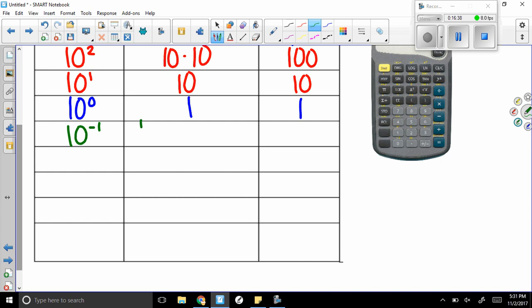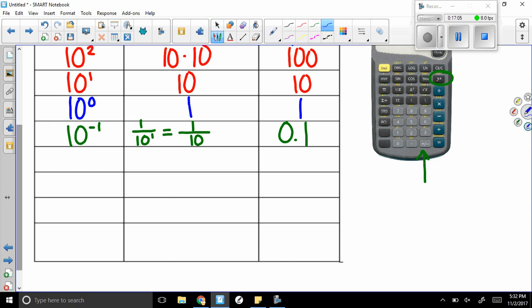So that's the same thing as 1 over 10 to the first power, which is the same thing as just 1 over 10. There's nothing getting multiplied, it's just 1/10. When we type this in, we're going to put 10 y to the x 1 negative equals 0.1. Remember, we're using this y to the x and our negative button here on our calculator.